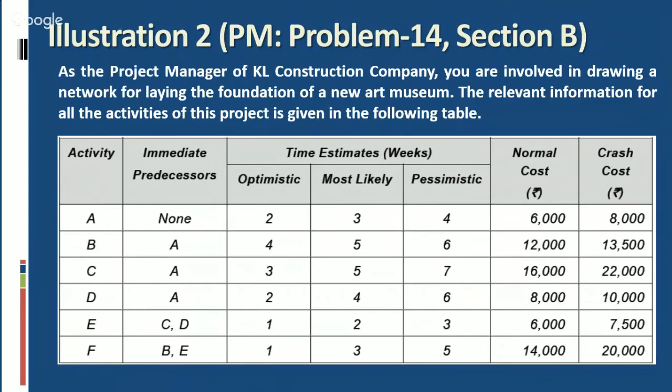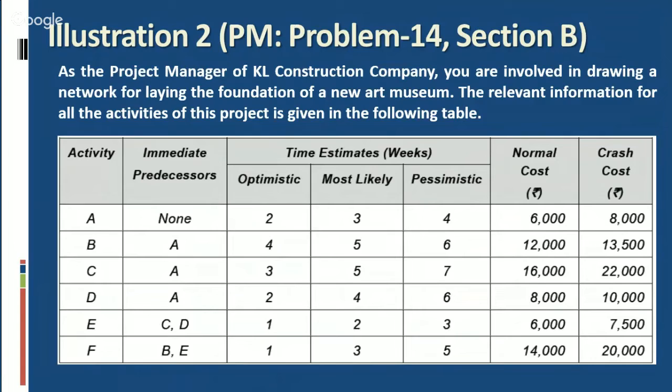The relevant information for all activities of this project is given in the following table. Activities are A, B, C, D, E, and F, and immediate preceding activities are given as none, A, C, D, and B, E. Here we have given time estimates in weeks.